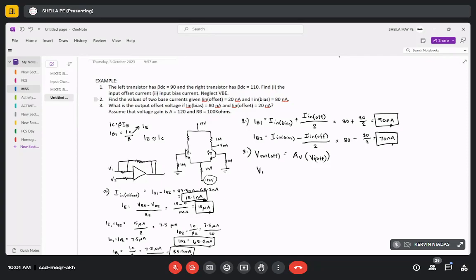So in finding the input offset voltage, it is equal to V out offset divided by AV. Input offset voltage is the input offset current times RB. Okay, we can make use of this formula.